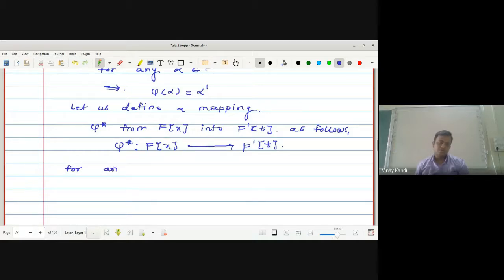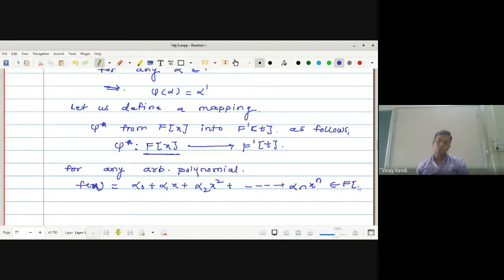For any arbitrary polynomial, the element will be a polynomial. Suppose this polynomial f of x is alpha naught plus alpha 1 x plus alpha 2 x square plus and so on up to alpha n x raised to n.